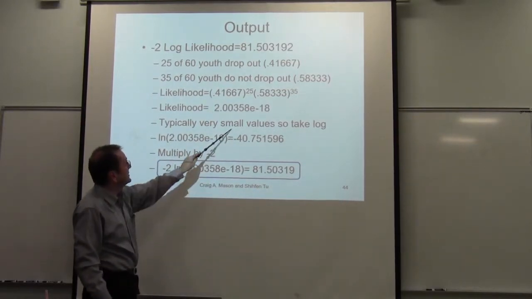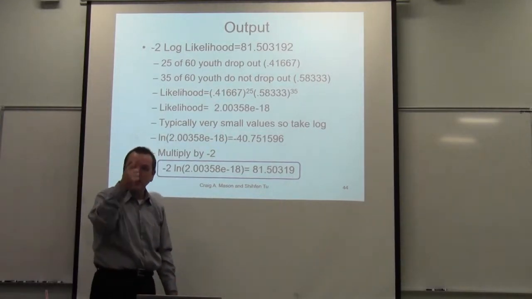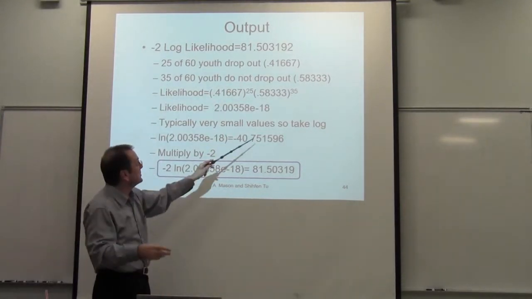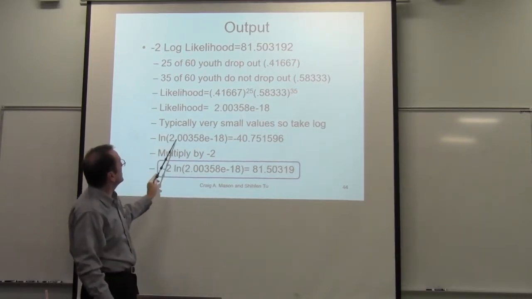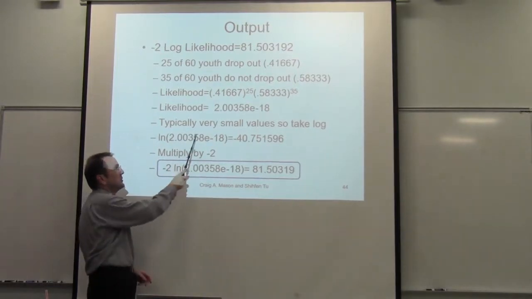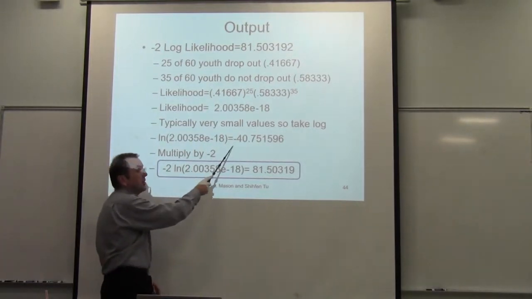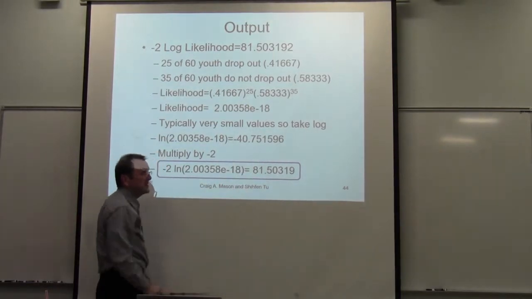As you can see, it's a really small number. So taking the log helps to make it a bigger number. The log of that, 0.000002, with more zeros, is negative 40.751596.